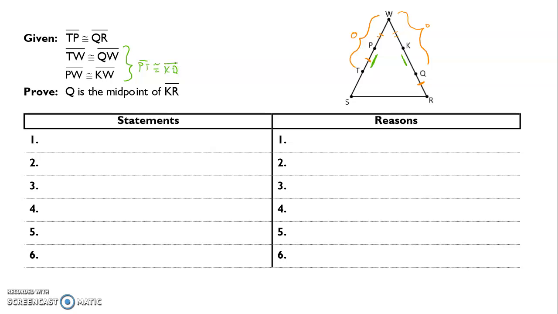That's helpful because now I also know this segment up here with this segment down here, so by the transitive property, segment KQ must be congruent to segment QR, and therefore I know I have a midpoint. So there's the outline up here.